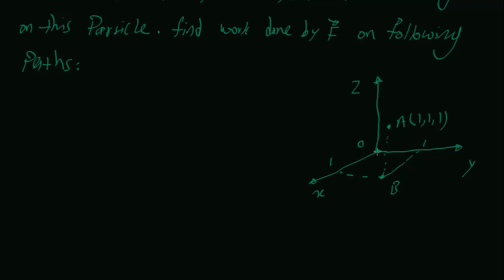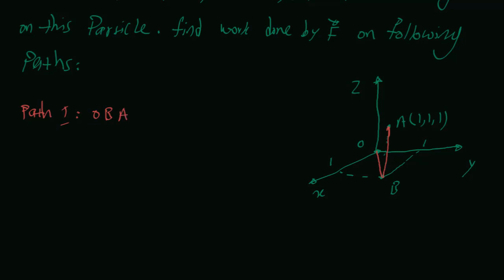It is going from O to B, and then from here we are going up from B to A. It's difficult for me to draw a straight line on this, but there we have it. So here we are going from O to B and then to A. So path 1 is basically O, B, and then A.